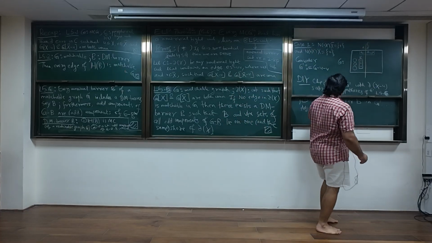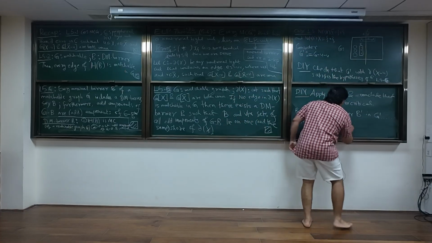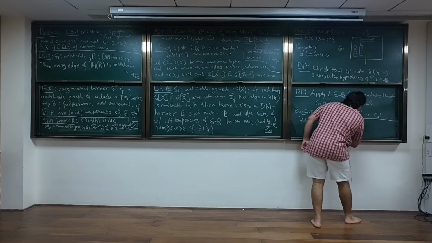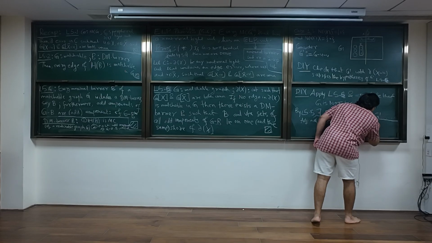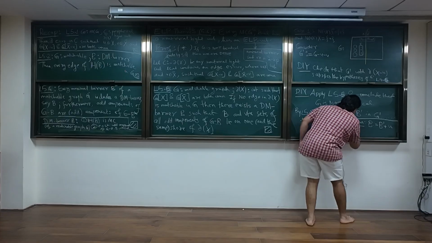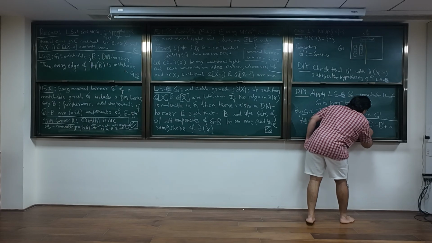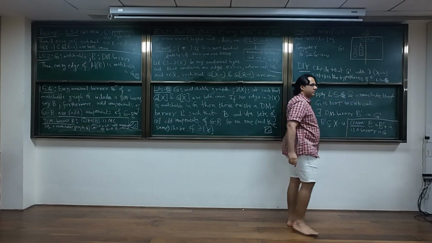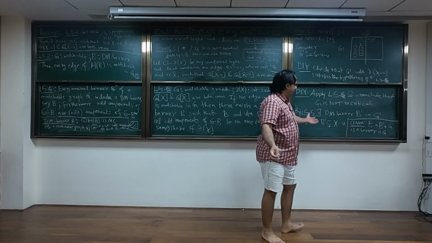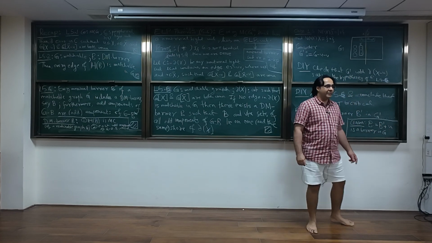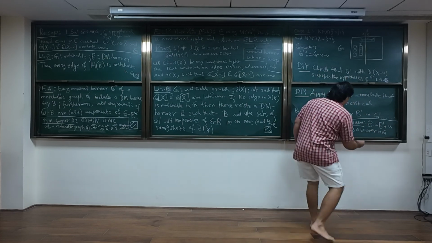So the claim is that B, defined as B prime plus U, is a barrier in G. And it is non-trivial because even if B prime was trivial, now this is non-trivial. We added something which was not in there. So therefore it is also non-trivial.